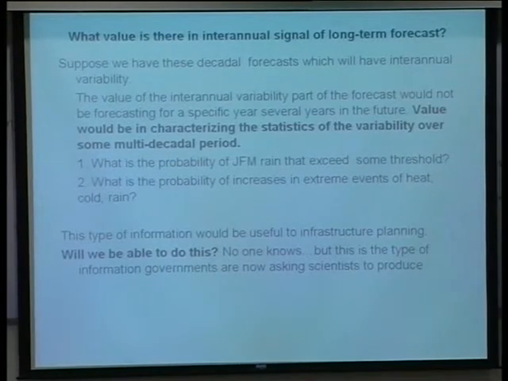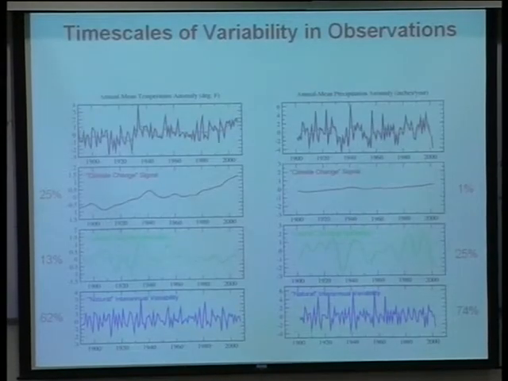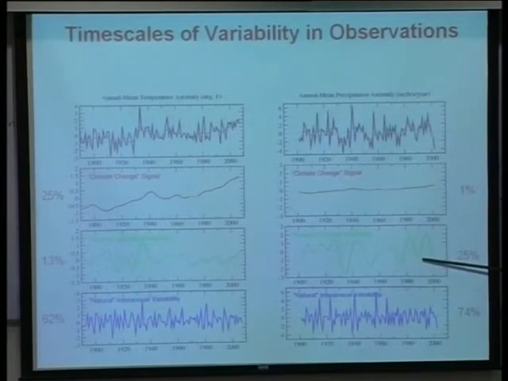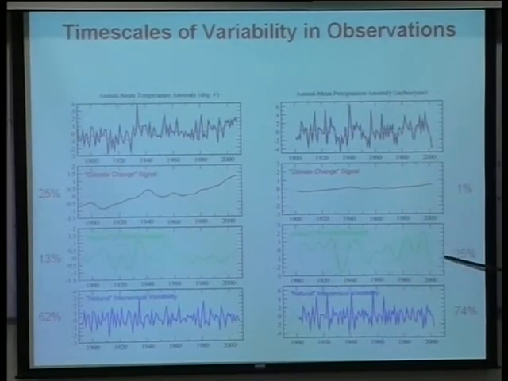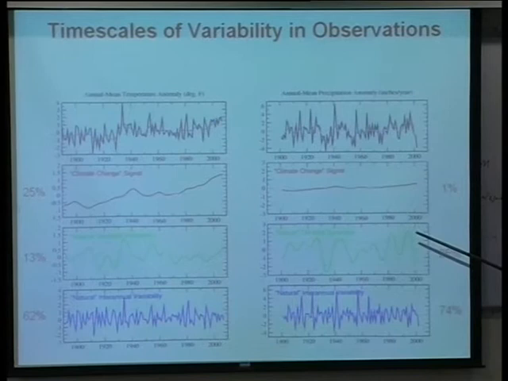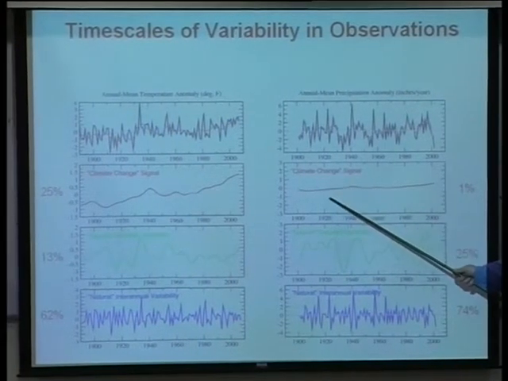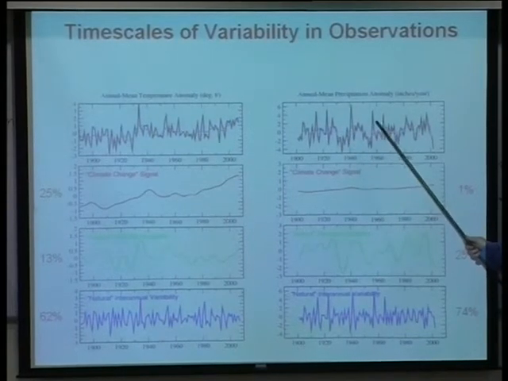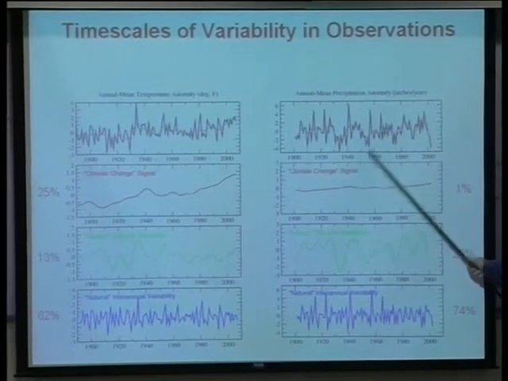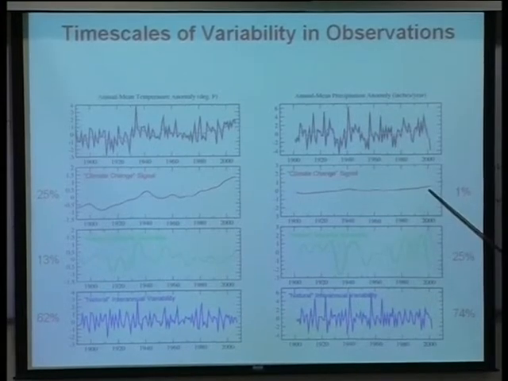So annual mean precipitation. Yeah. So that would be, when you talk about the climate change signal, that's just the part, so I'm going to do a linear regression with the global mean temperature, and that's what this line is.